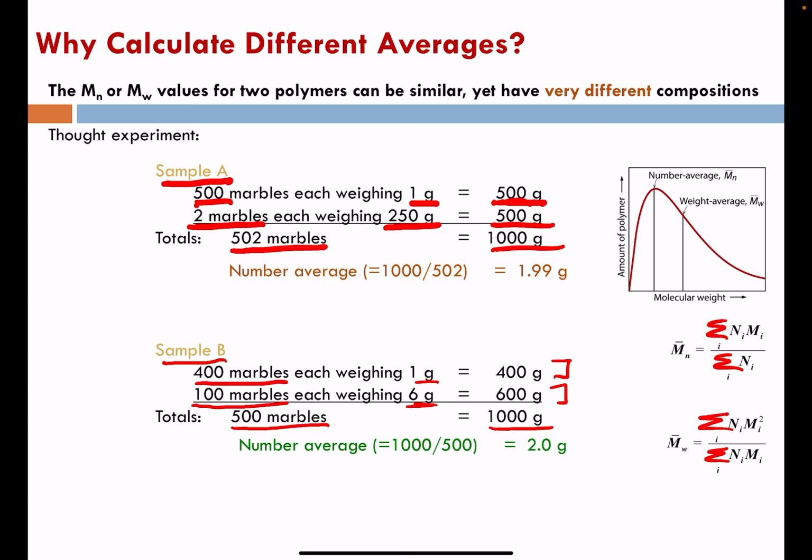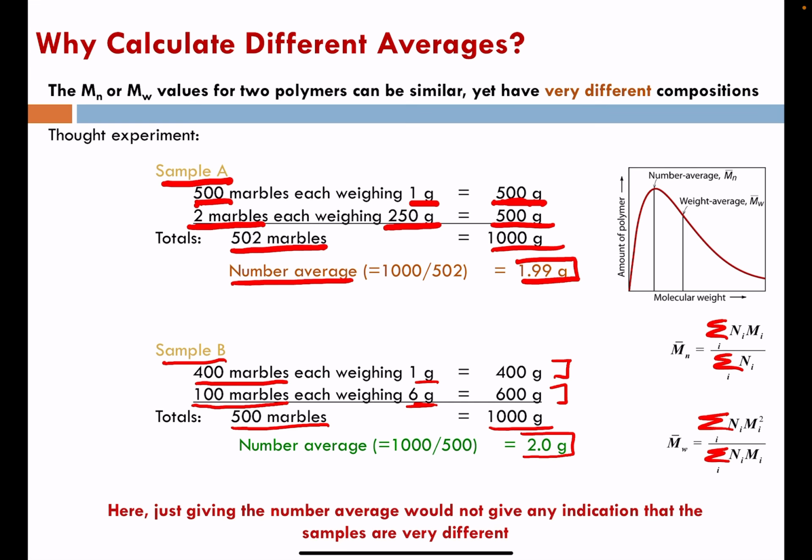When we use the number average calculation, the number average weight for sample A is 1.99 grams. For sample B we're very close to that, 2 grams. So these two samples would be almost indistinguishable if we used mass information to 1 decimal point.